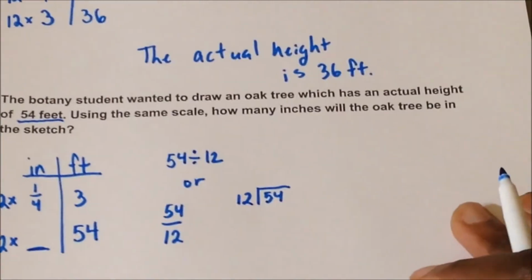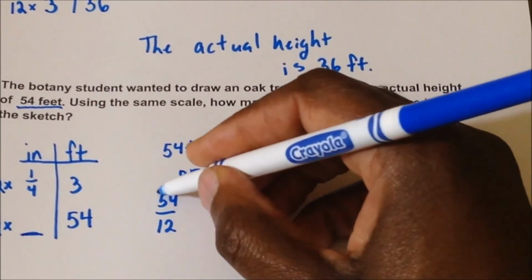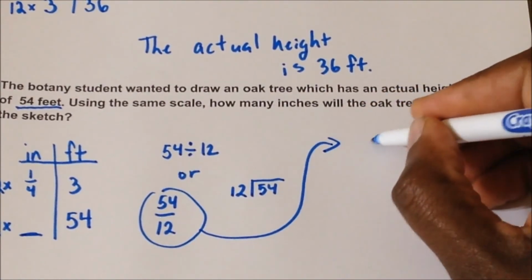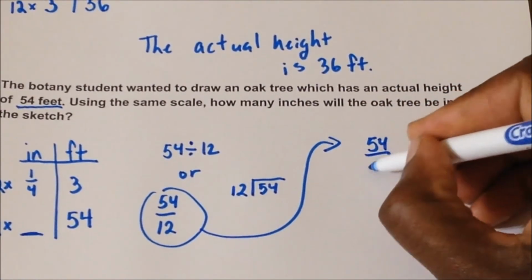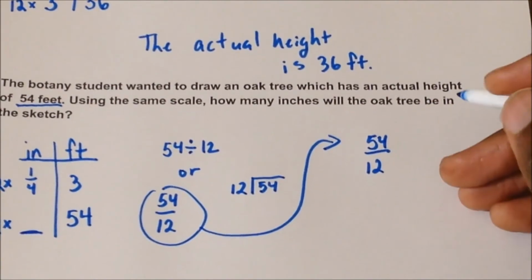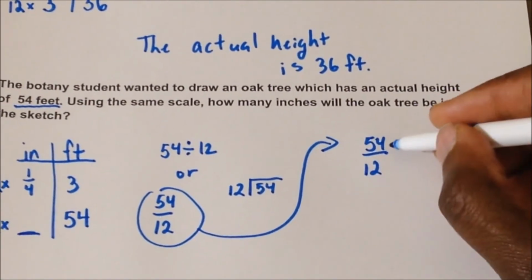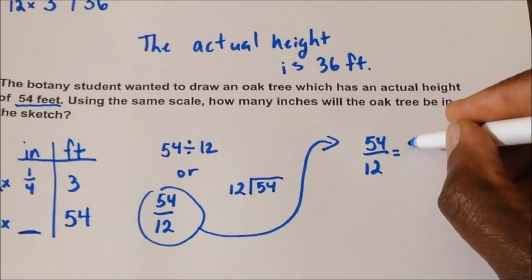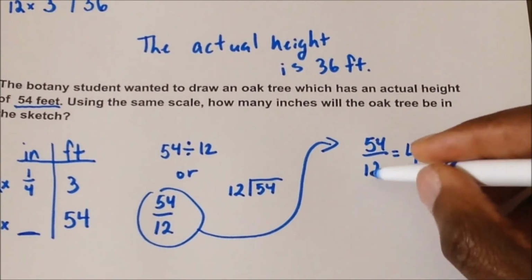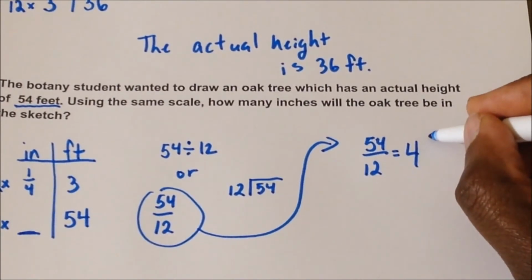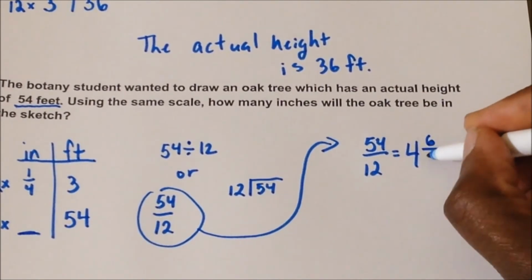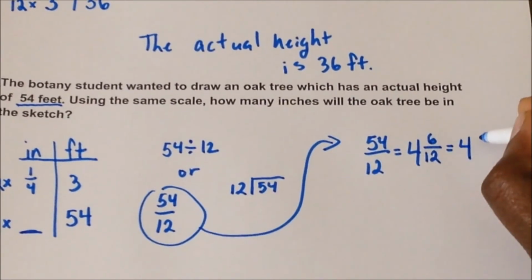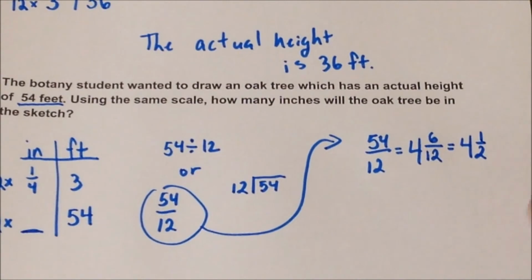Let me pick the one in the form of a fraction, 54 over 12. There are many ways you can do it, but 12 goes into 54 four times. That's 48, leaving me with 6 left over 12, which is the same as 4 1/2 when I reduce it.